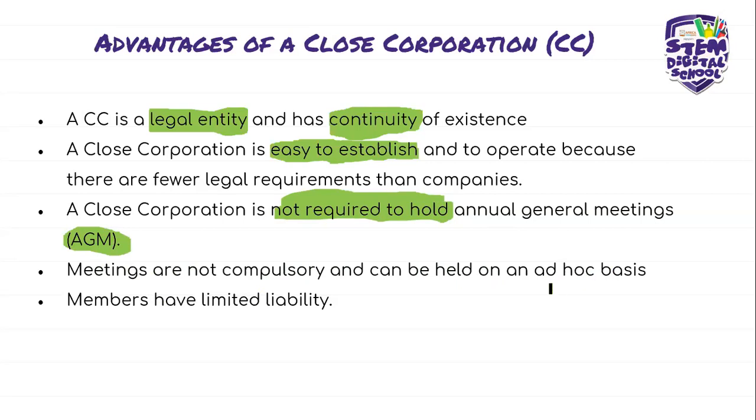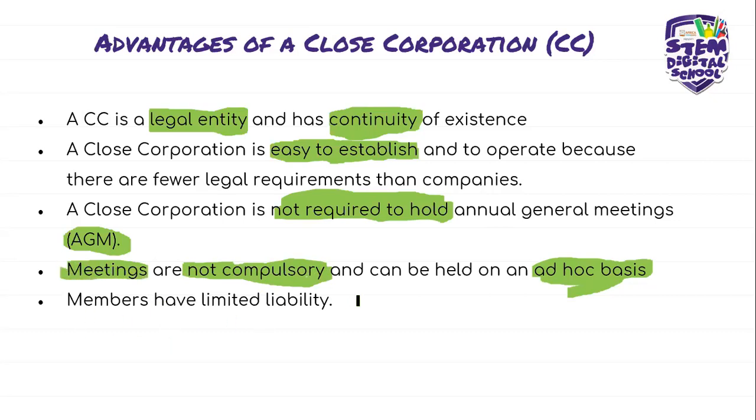When we speak about ad hoc basis, it's when you can have meetings where it's necessary or seasonally. That's the ad hoc basis, right? And it's not compulsory to have meetings in your CC.